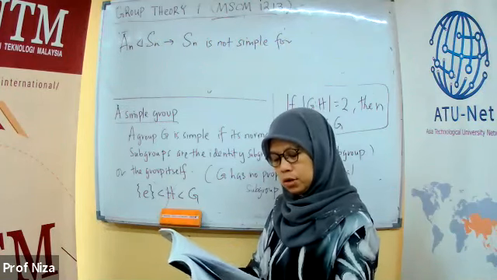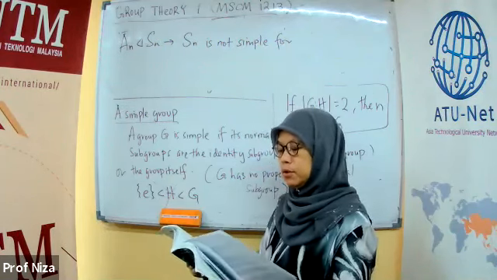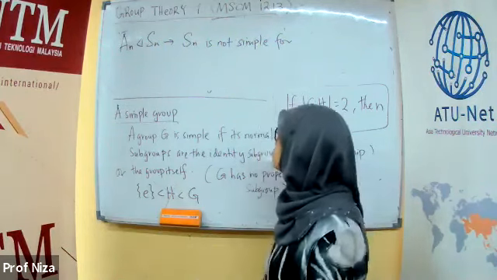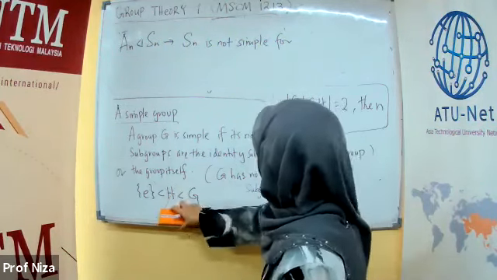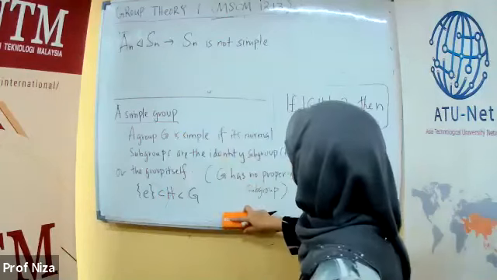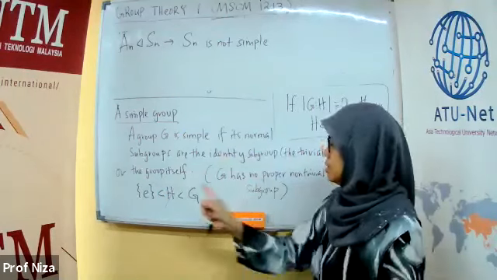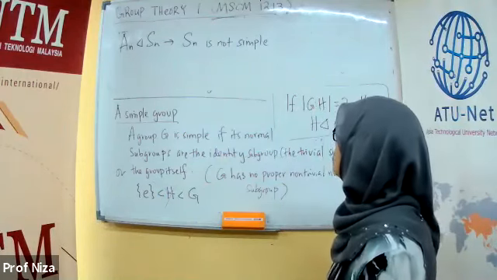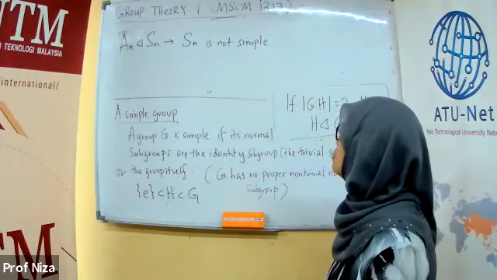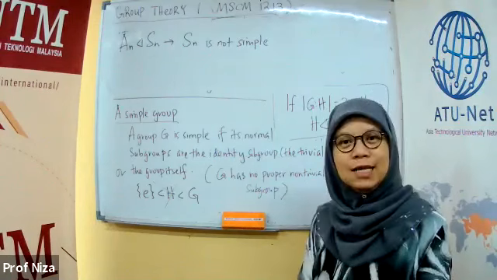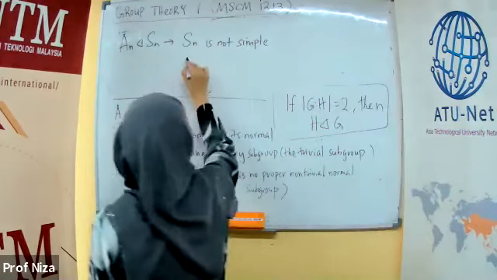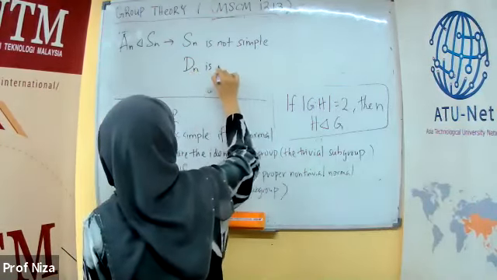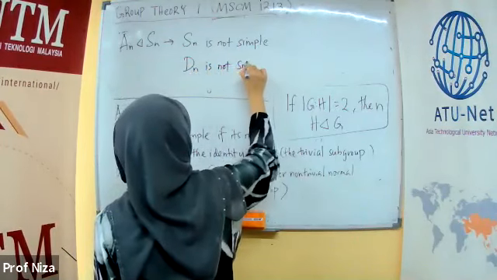I think it's for all. Probably it's true for all. So Sn is not simple. There is a normal subgroup inside, so Sn is not simple. What about Dn? Dn is also not simple.